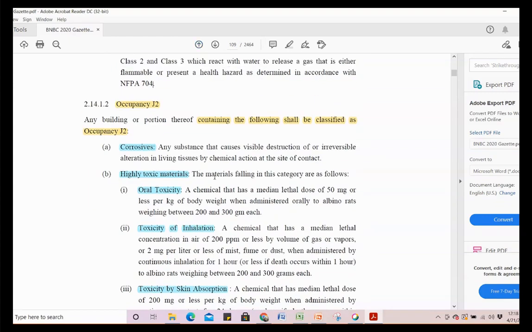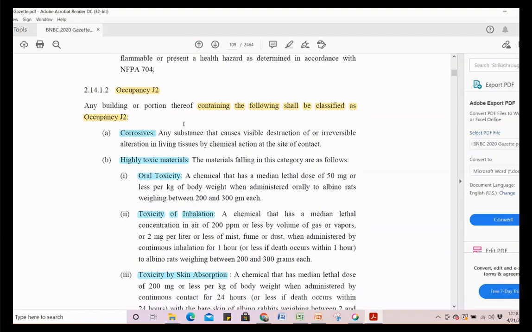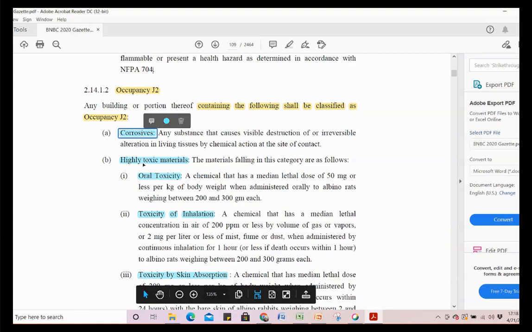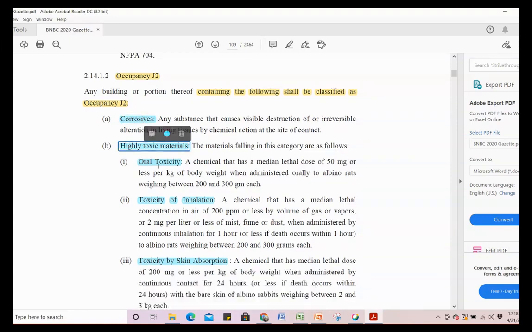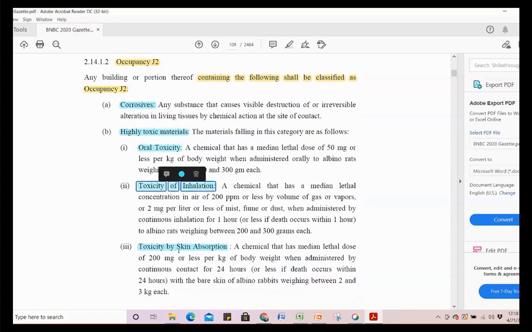for occupancy J1. For occupancy J2, as we can see from our previous classification, it is about chemical hazard occupancy. So there are different types of hazards. One is corrosive, one is highly toxic material, and the toxicity may be oral toxicity, toxicity of inhalation, or toxicity by skin absorption.